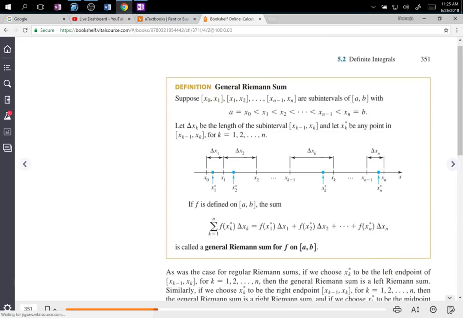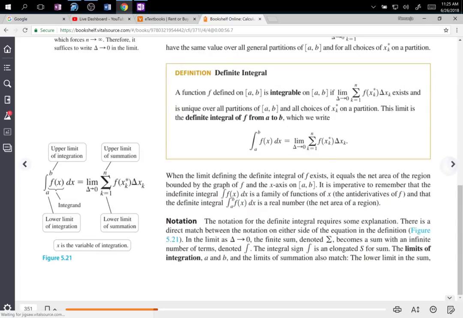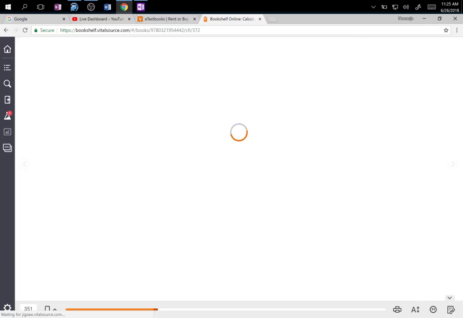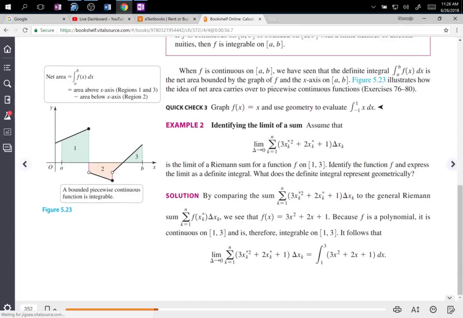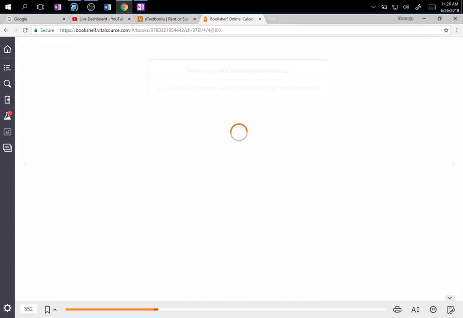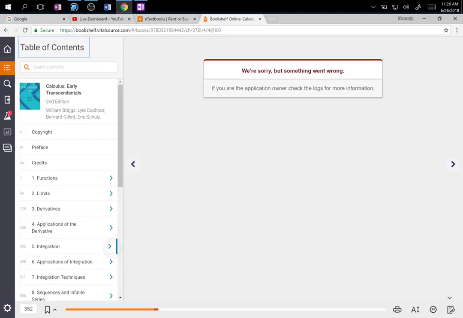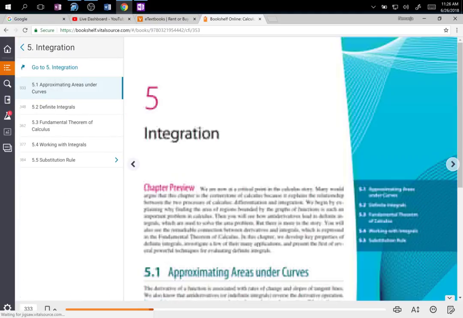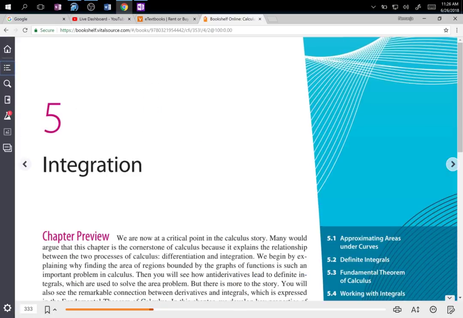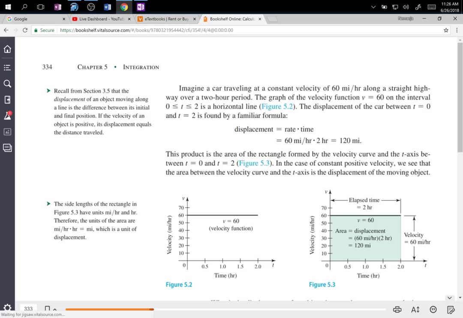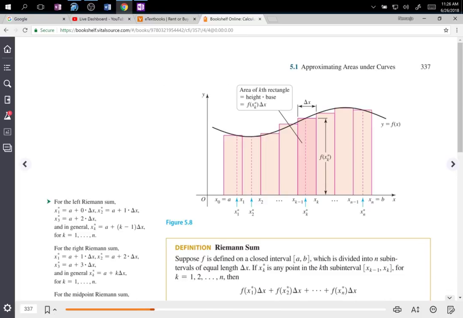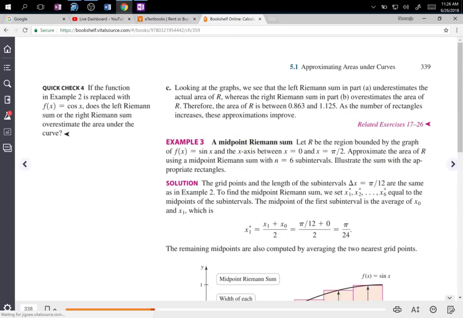Or maybe 5.1, I don't know. It's somewhere. Something went wrong, of course. The only thing that went wrong is me trying to do this stuff, I guess. What's wrong here? Maybe at the end of 5.1. I know it's somewhere in the book. I don't know where.